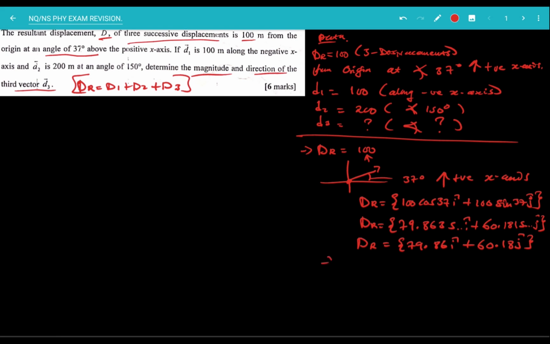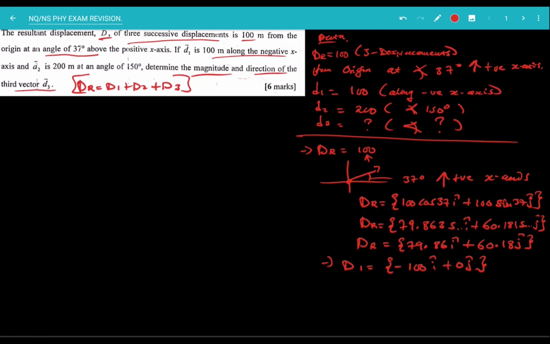Let's also resolve d1. Now d1 is only acting along the negative x-axis, according to the question. Therefore d1 will be resolved as negative 100 in the i plus 0 in the j, because we have nothing in the j, it's just acting along the negative x-axis.